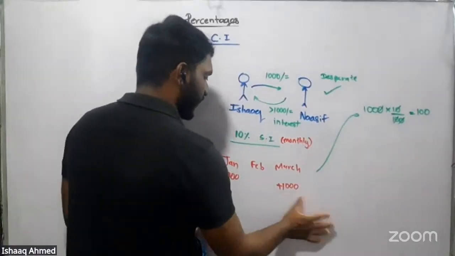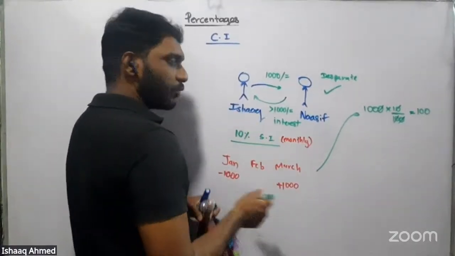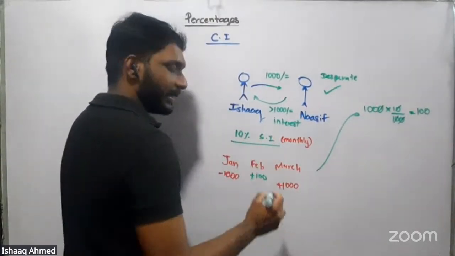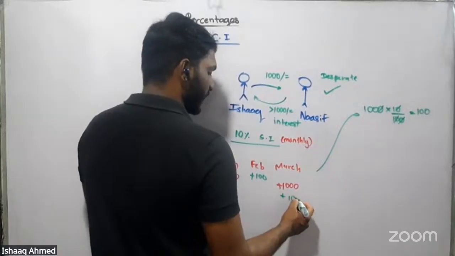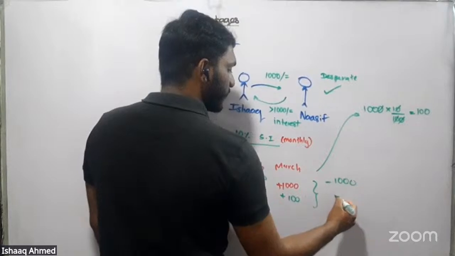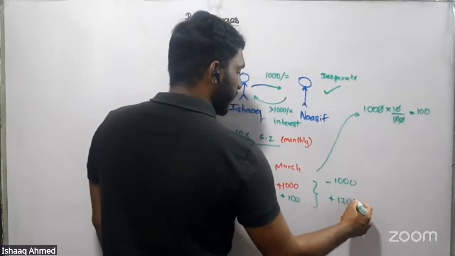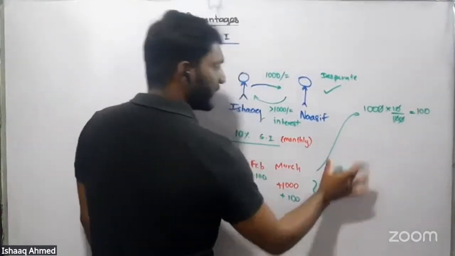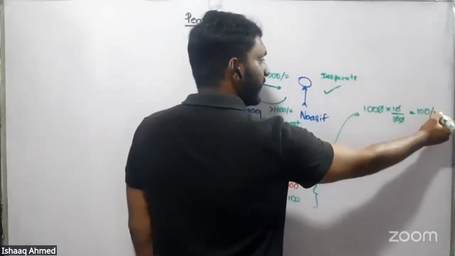That means he's paying in 2 months. So the first month he has to pay me 100 interest, and the second month also 100 interest. Totally, I lost 1,000, gained 1,200. This is simple interest. It won't change. The interest we calculated as 100 will never change.